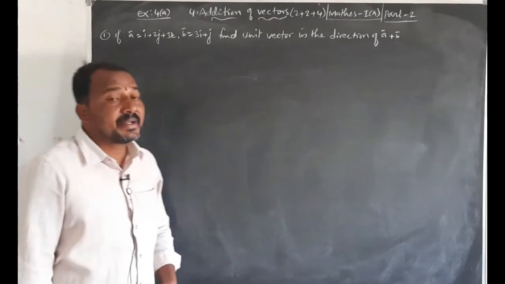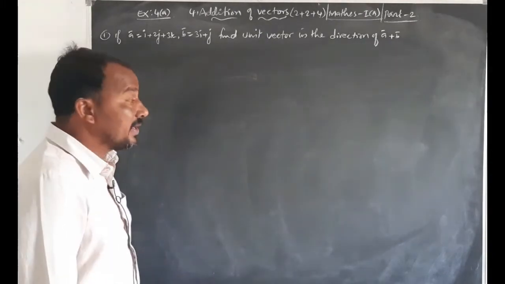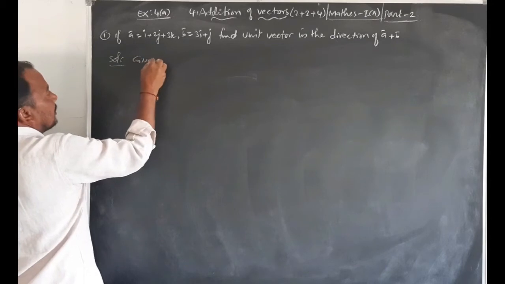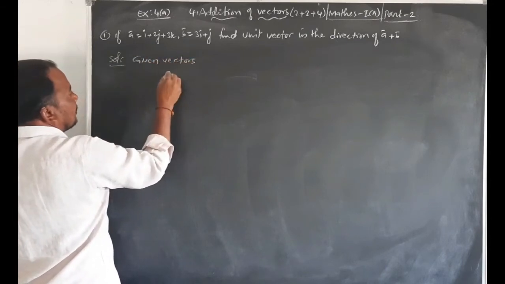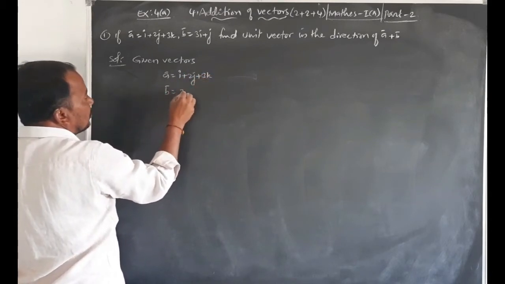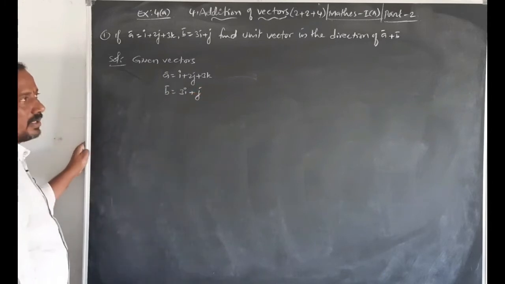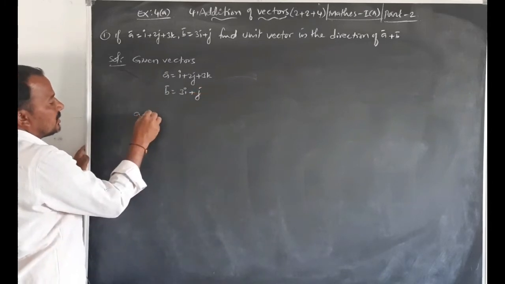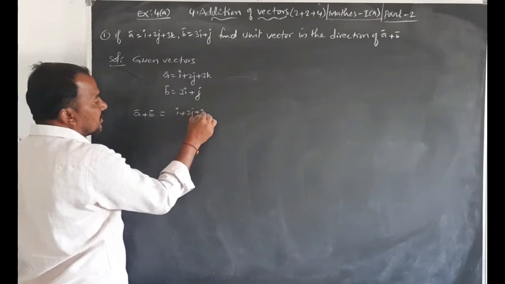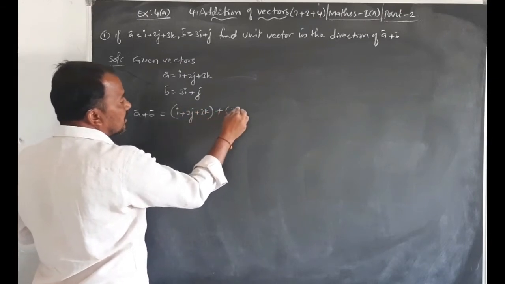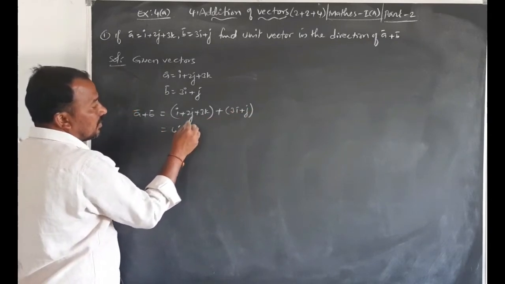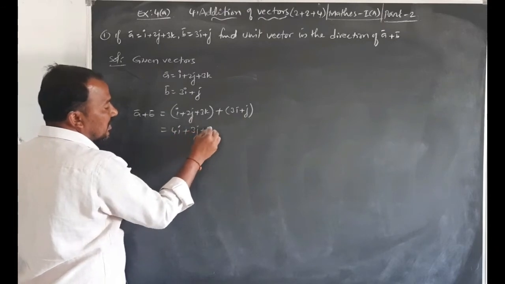If A equals i plus 2j plus 3k and B equals 3i plus j, then find the unit vector in the direction of A plus B. Given these vectors, find A plus B. A plus B equals i plus 2j plus 3k plus 3i plus j, which is 4i plus 3j plus 3k.